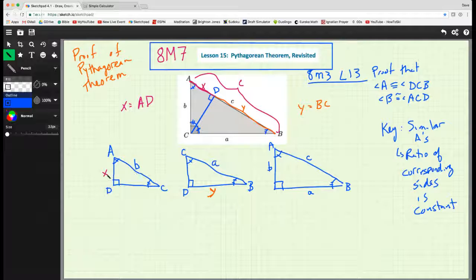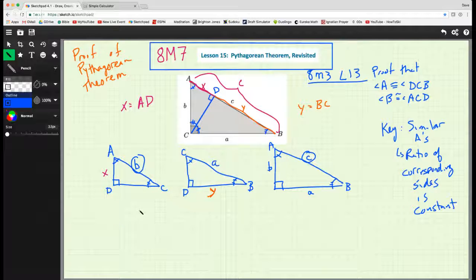So if I take this side B and I divide it by this same corresponding side C, so if I say B over C, that's got to be the same as X over B.